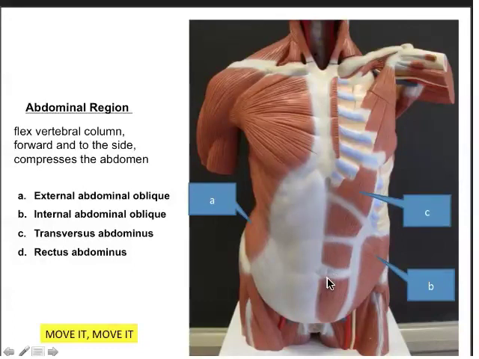Okay, indicated by D. These are the rectus abdominis muscles, and what they do is they run along the long axis of the body. Okay, so we should probably do a little bit of relabeling here, so hold on just 1 minute.